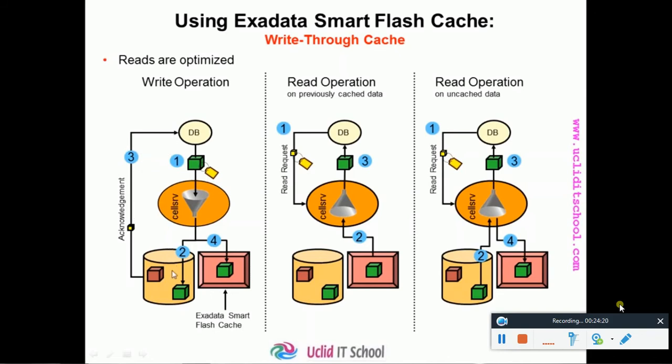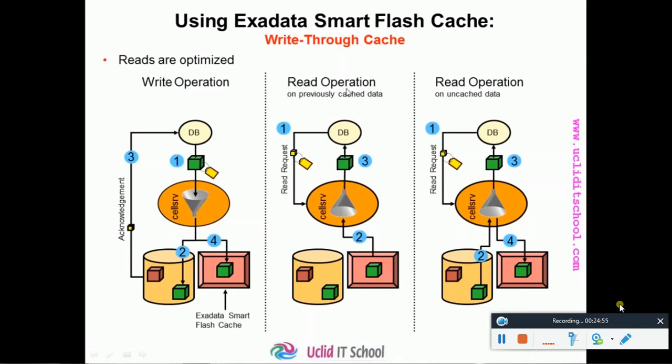And later, if this table IO is eligible for caching, this IO will be cached inside the flash cache, so that the next read will be optimized. So that is how writes are handled. The important point is the write operation is always written to hard disk, then acknowledged back to the database server.